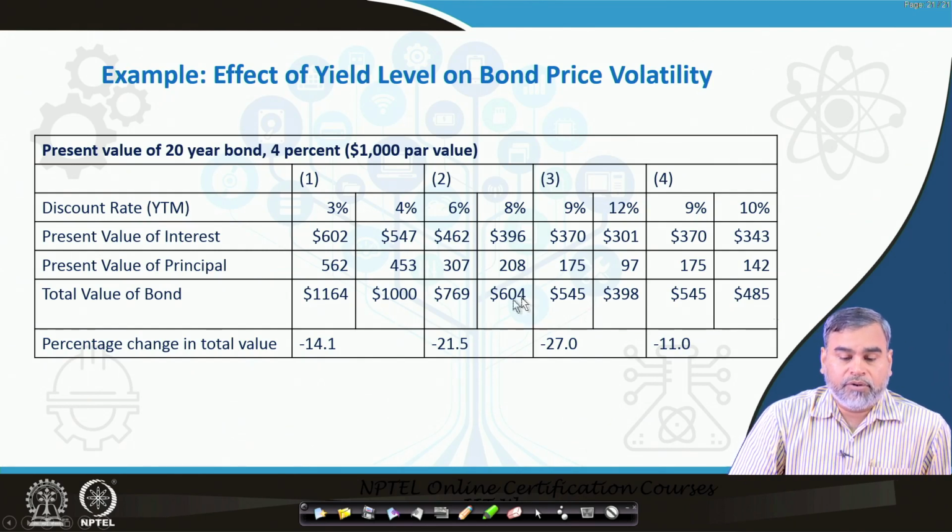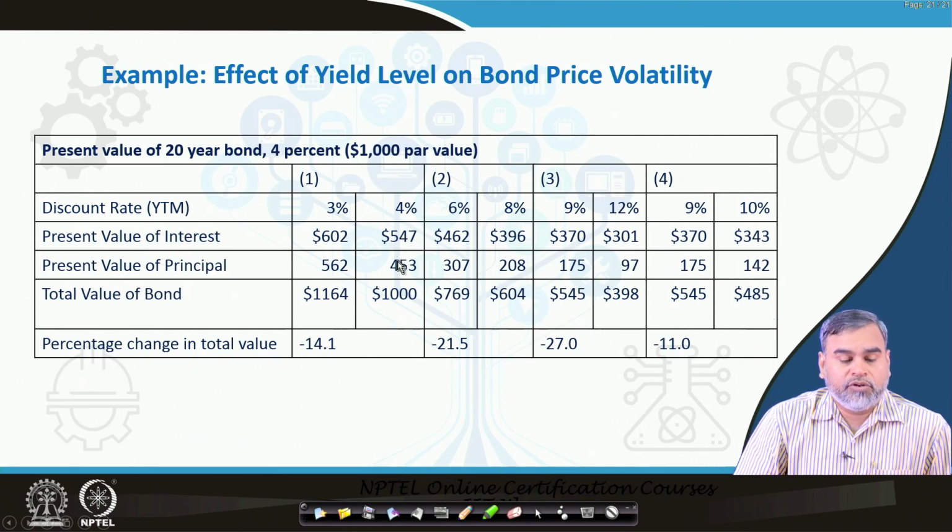If you talk about yield, what is the impact of yield on bond price volatility? In this case, there is a present value of a 20-year bond, the maturity period is 20 years, the coupon is 4%, and the par value is 1000.